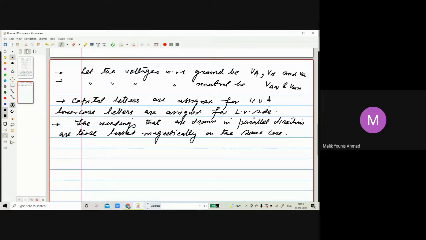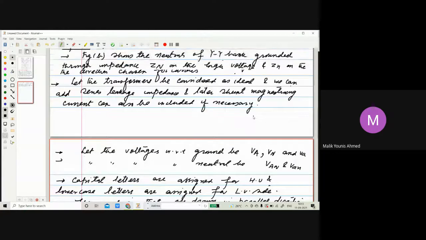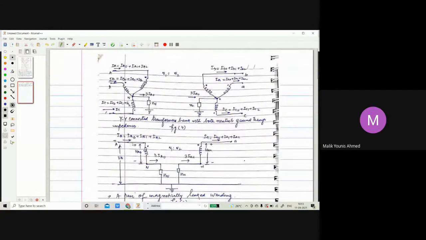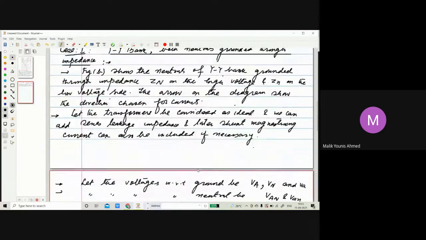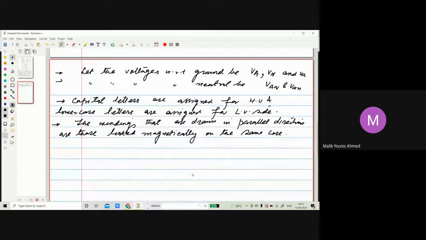Okay, so that means the winding we are drawing. I have shown you already these windings which we have drawn. They are magnetically linked on the same core, and the turn ratio is N to N1.